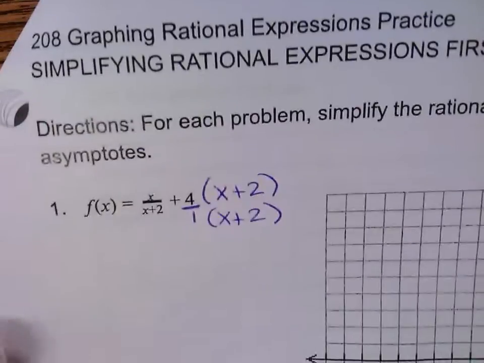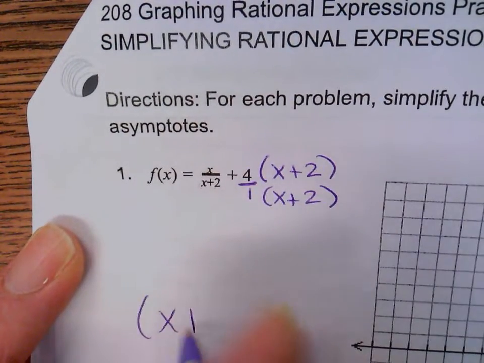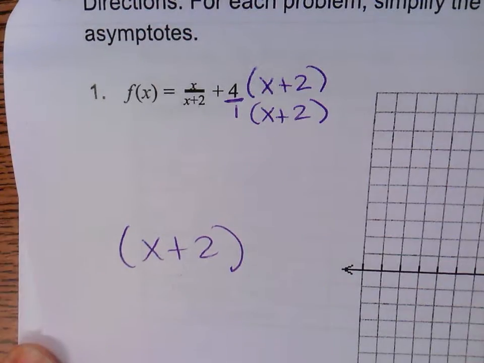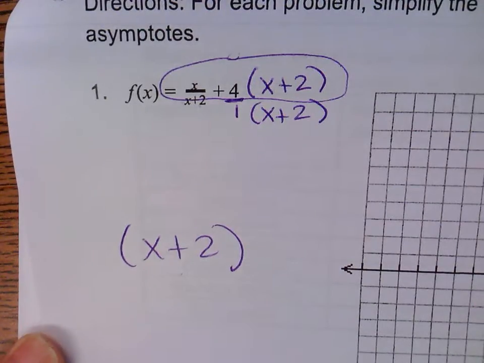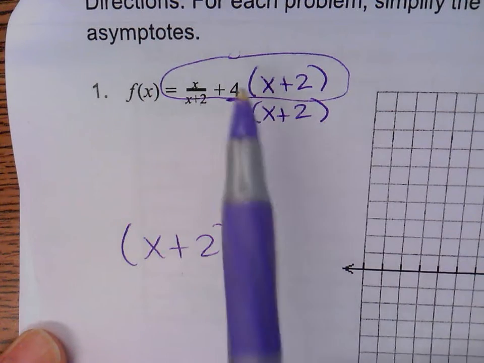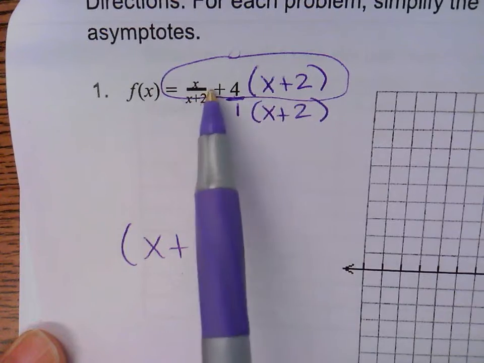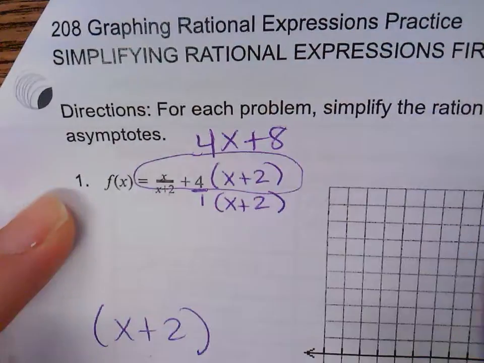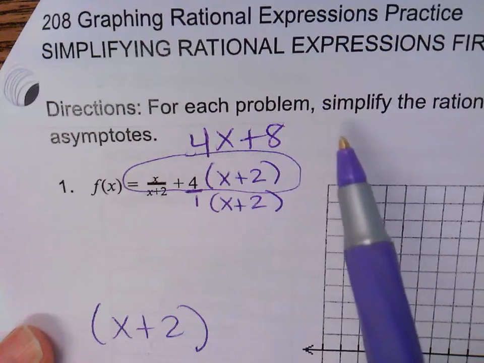So over here, I'm adding 2 fractions together, so the denominator stays the same, x plus 2. The numerator adds together all the stuff that's in the numerator. So I distribute the 4, so I really have 4x plus 8 right here. 4x plus 8. And I have this additional x from the first numerator, so I really have 5x plus 8.